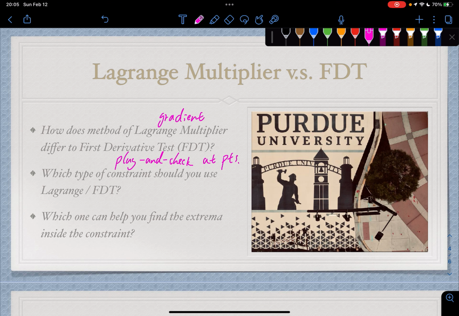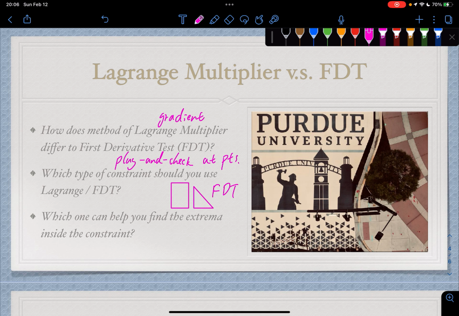Which type of constraint should you use Lagrange multiplier or first derivative test for? Let's say I have a rectangular constraint or triangular constraint. Which one would you use? If I were you, I would definitely use the first derivative test.